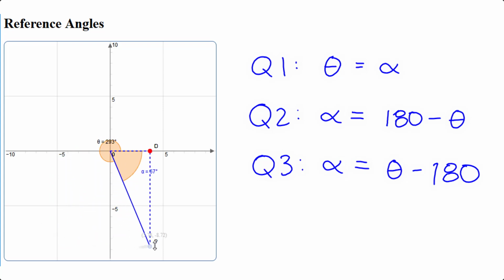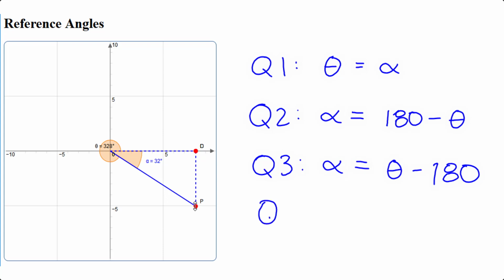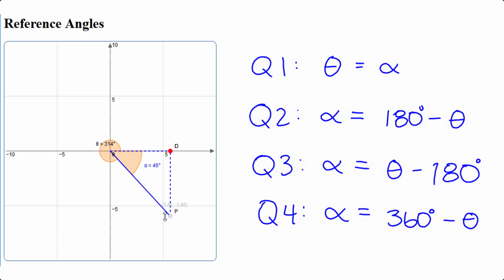When you get into quadrant 4, now that reference angle is 360 degrees, I should put degrees on here to be precise, minus theta. So whatever your angle measure is, subtract that from 360 degrees, and that'll give you the leftover, which is your reference angle. So if you're ever unsure what a reference angle is for any particular angle measure, you can use this app to help you out. It'll let you move the points around.